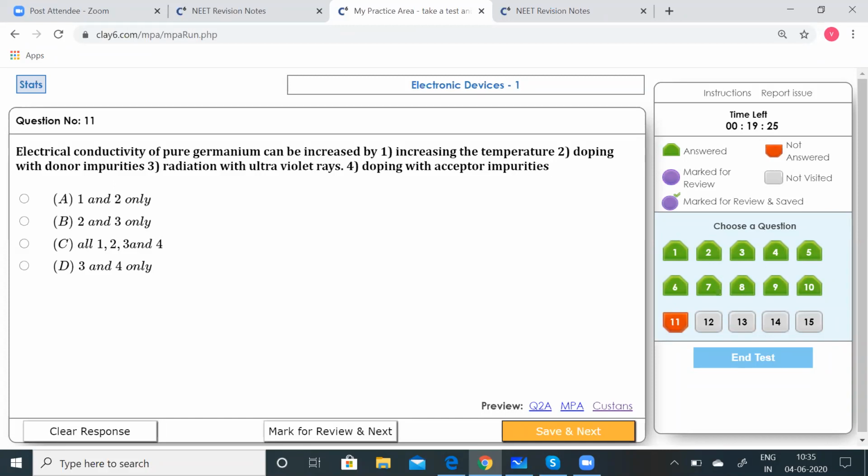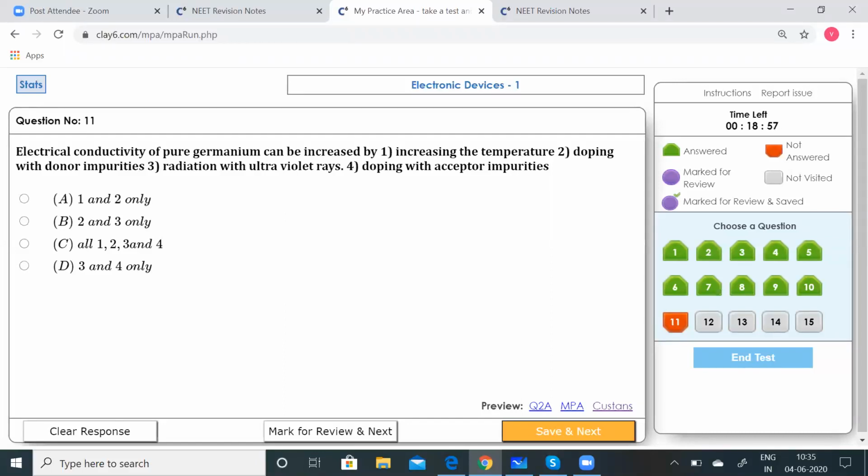Now, I told you electrical conductivity can be increased by deliberately doping it, or by adding impurities. So thereby when we add the impurities, the conductivity increases. So electrical conductivity can be increased by all of these methods.